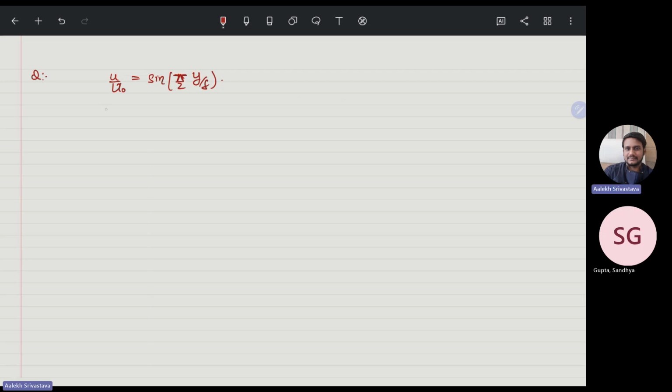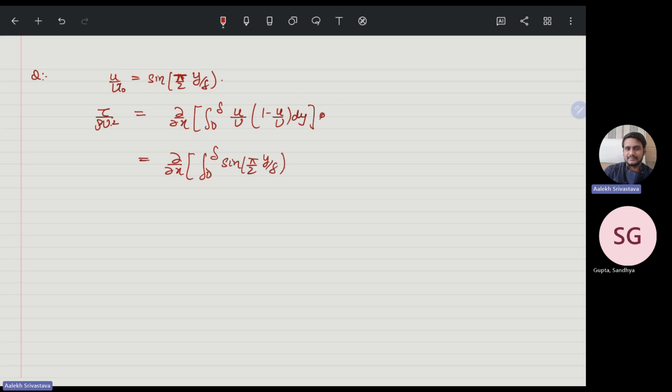So first we will do the equation tau by rho u0 square is equal to d by dx of the integral from 0 to delta of small u by capital U times 1 minus small u by capital U dy. If I put sine pi by 2 y by delta and 1 minus sine pi by 2 y by delta, this will be in dy.